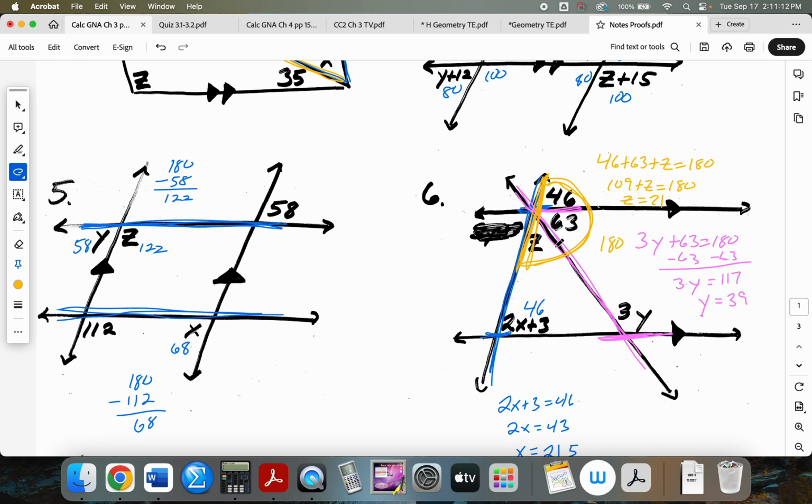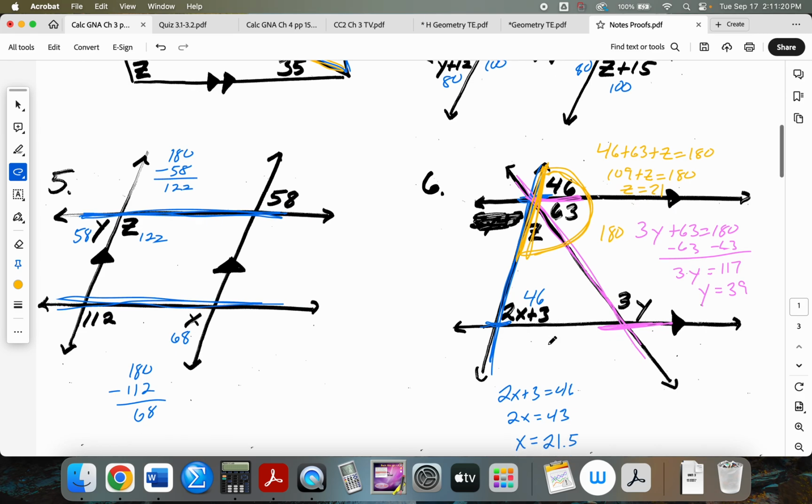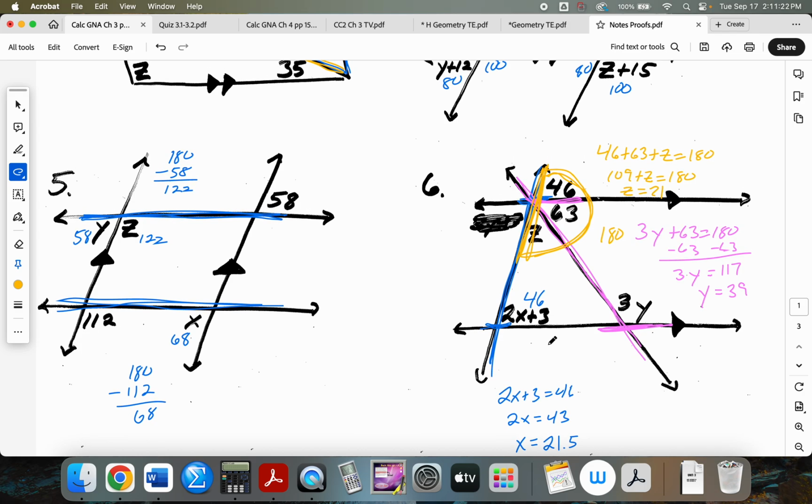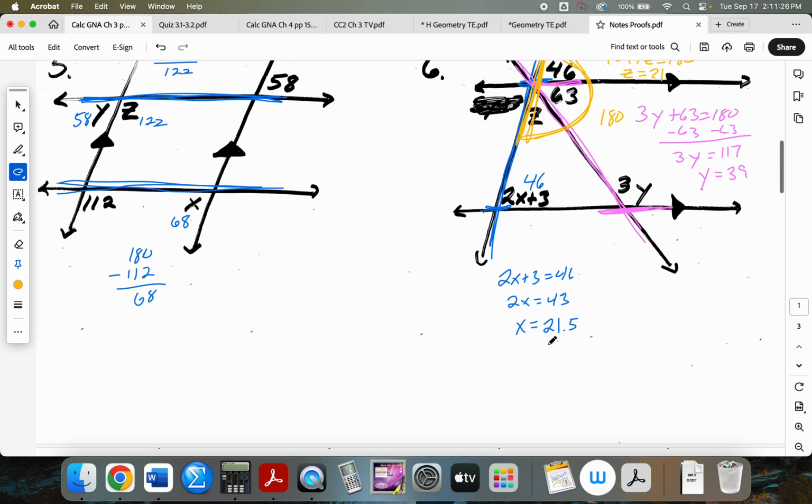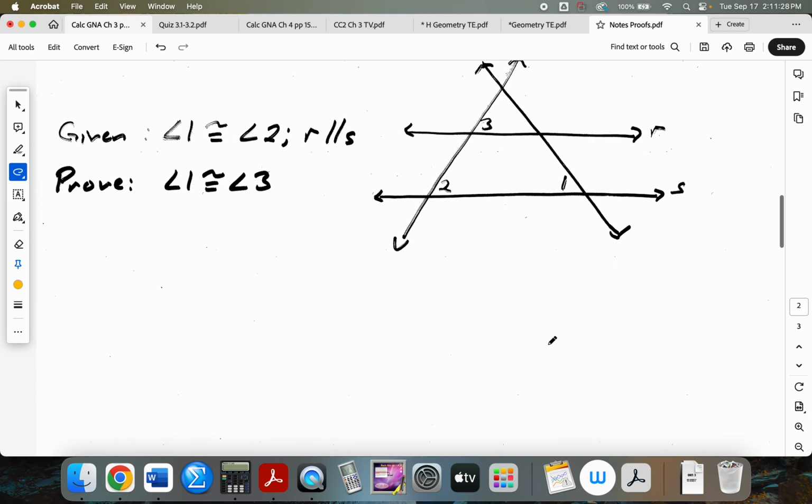You can do 63 plus 71 plus 2x plus 3 is 180. Oh yeah, that's what I meant, sorry. Yeah, you can do that. Cool, thanks. Frequently, there's more than one right way to do this. I try to do it the easiest way with everybody in class, but there's more than one right way sometimes. Very nice.